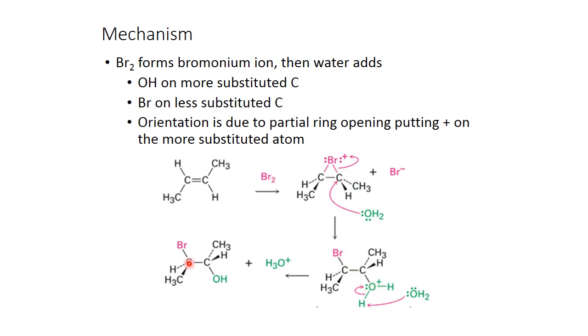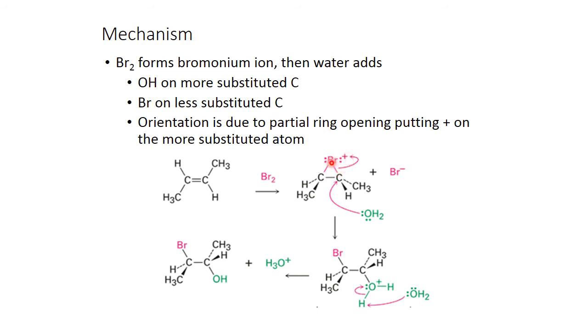Okay. And so then what happens is we get a chiral carbon here and a chiral carbon there. And the stereochemistry that we see here will always be this or the mirror image. So when we look at the outcome of this reaction, we never find diastereomers of this. Why? Because it's always going to be this or the mirror image due to anti-addition.